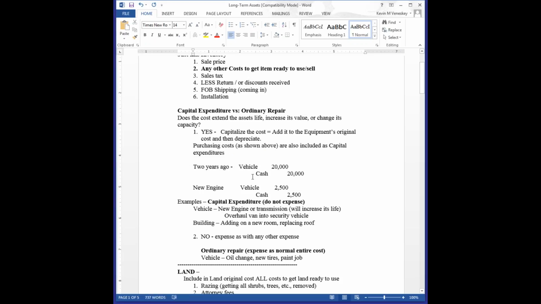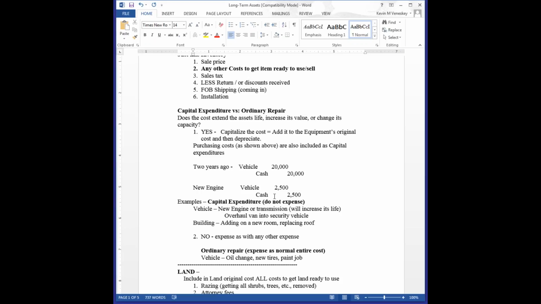So of course I would debit the vehicle as an asset and then credit however I paid for it, say cash. And then now I bought a new engine. Instead of saying engine expense, I wouldn't want to do that because that doesn't answer back to week 1 the rules of the expenses. Remember, expenses are, we're using it right now, and we're only using it for just this year, and that would not be the case.